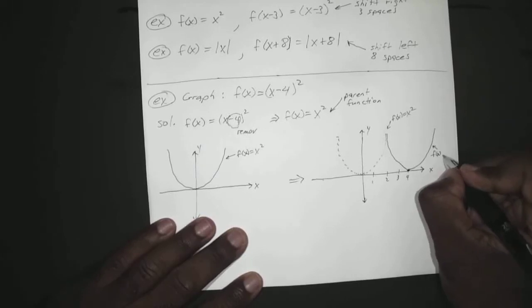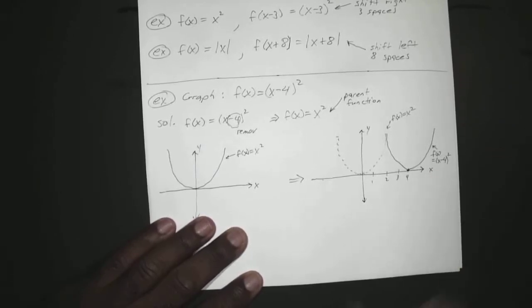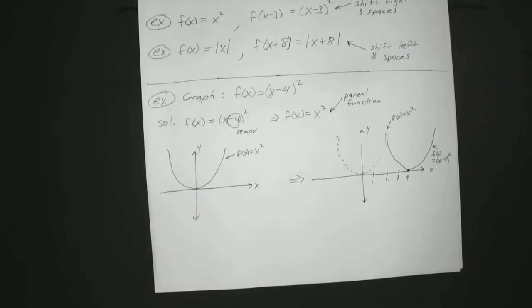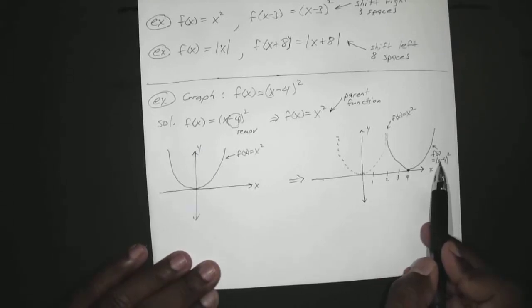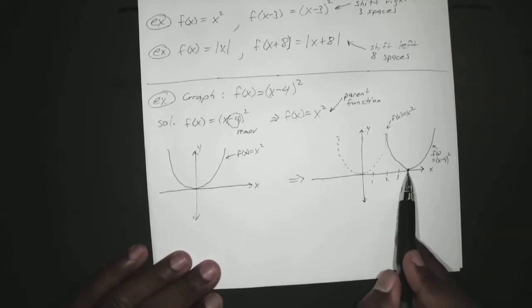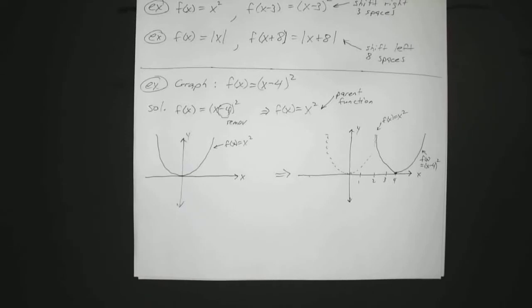So this is f of x equals (x minus 4) squared. Okay. Which makes sense because if you plug in x equals 4, that would be 0 squared, which would be 0. So that would be y equals 0, and it goes from there. Uh-oh, straighten that up a little bit. All right. Does that make sense?